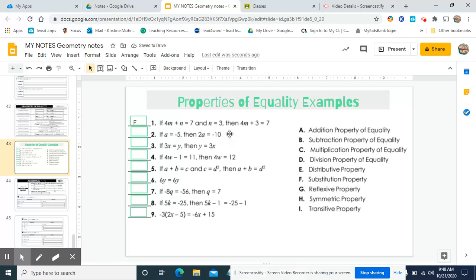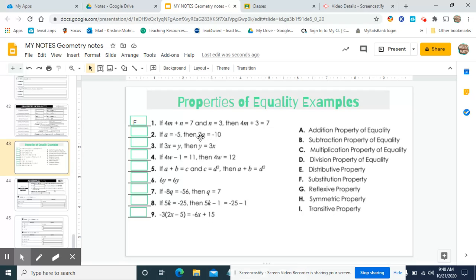All right, number 2. If a equals -5, then 2a equals -10. So this is saying, okay, we have this value of a being -5. Then how did I get this 2a to be equal to -10? What did we have to do to get basically -10? Well, we had to multiply 2 times a, right?